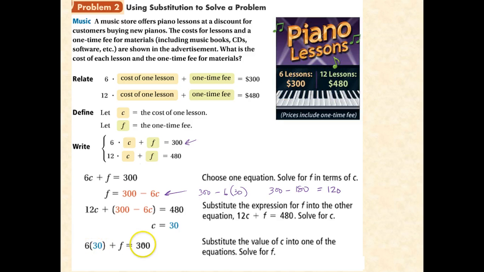That's the same thing you would get if you plugged it into the other equation, since this equation was just that equation with F isolated. So they're equivalent equations. So what does that mean? The cost of a lesson is $30 per lesson, and the one-time fee is $120.